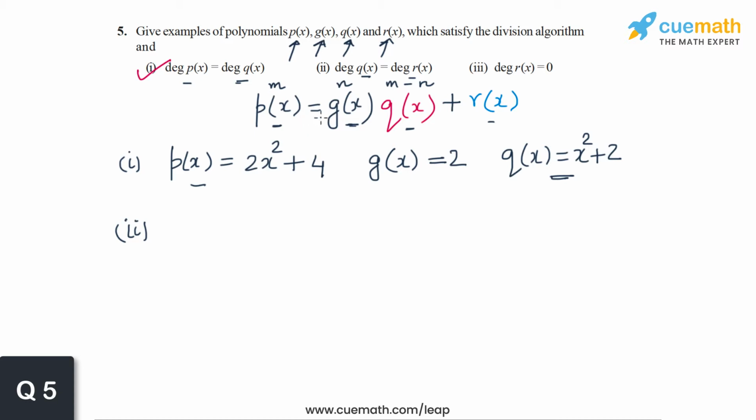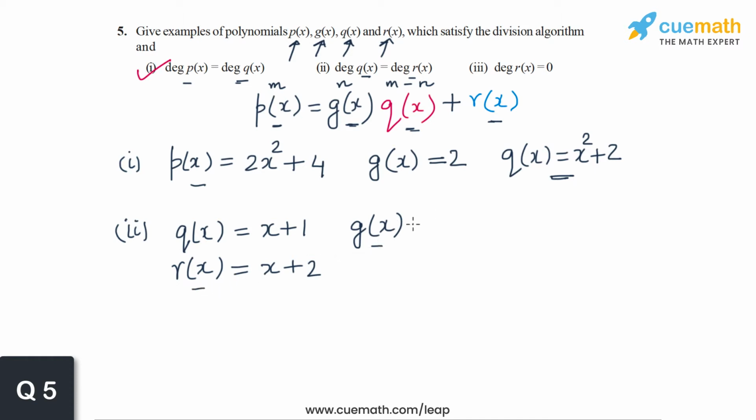So one way to do this is to go backward and to take examples of R(x) and q(x) and then generate p(x) from that. So for example, if we take the quotient polynomial to be x plus 1, and if we take the remainder polynomial to be x plus 2, and the divisor g(x), the degree of g(x) has to be higher than R(x).